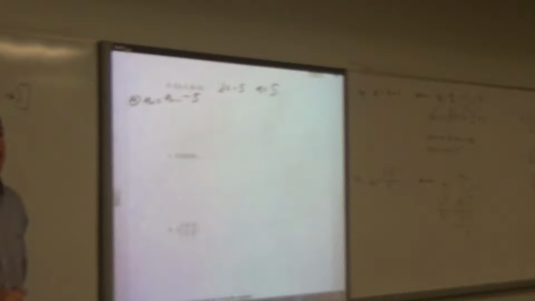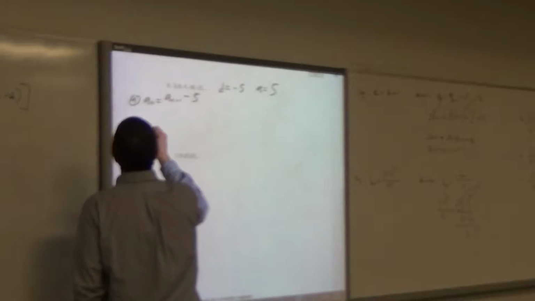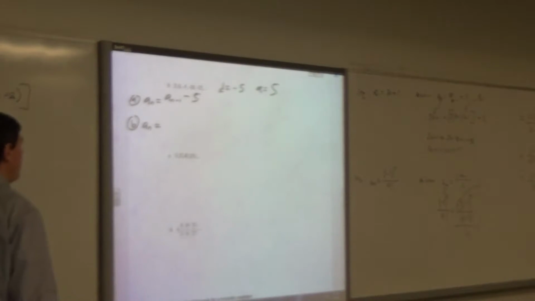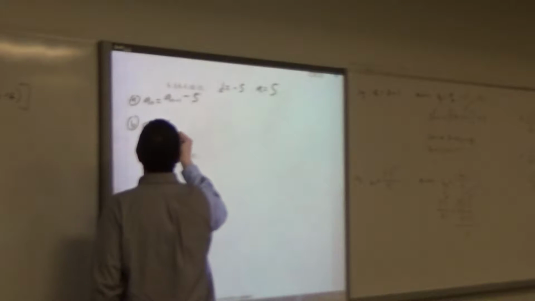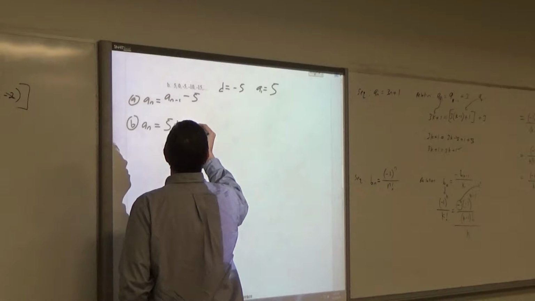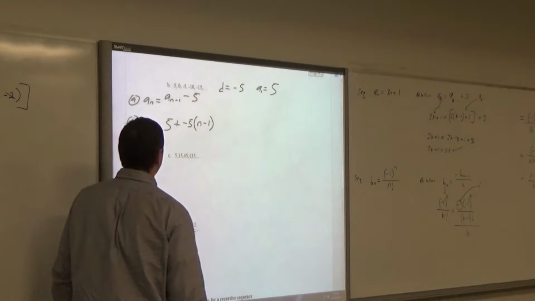Now, it's easy to do that, but it's not efficient to do that, okay? What's much more efficient for us is to use the closed form method. So remember our formula. We just take A sub 1, plus the common difference, which is negative 5 times n minus 1.